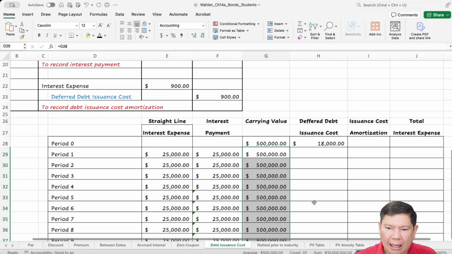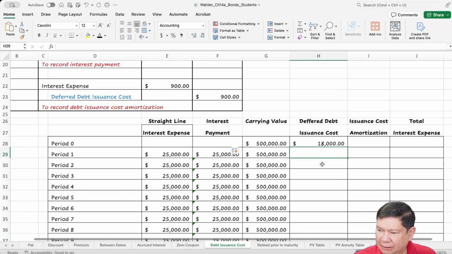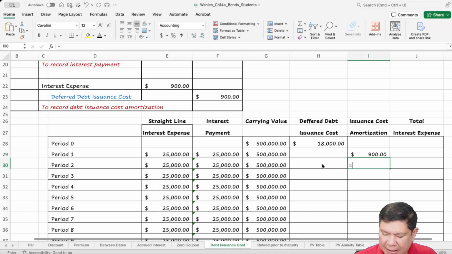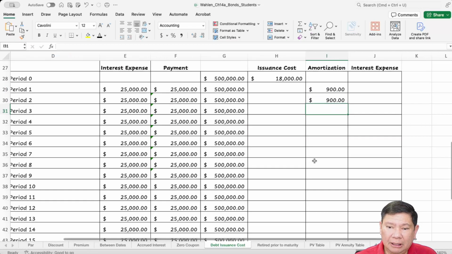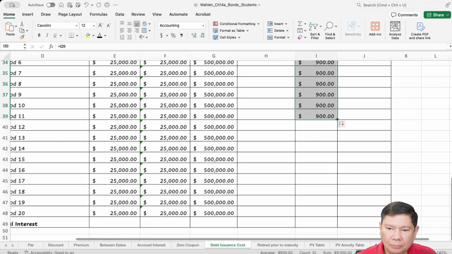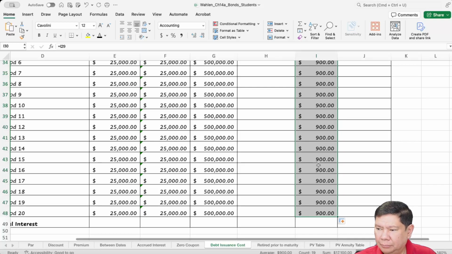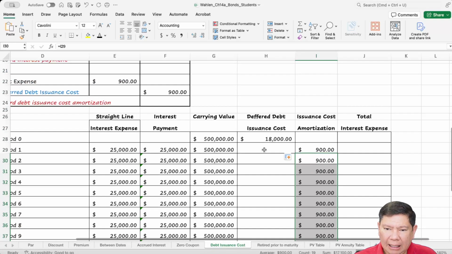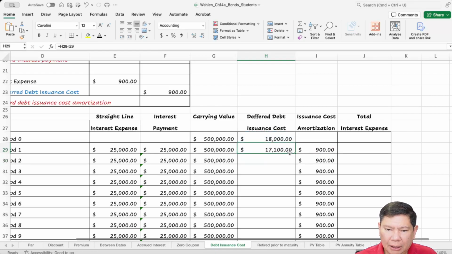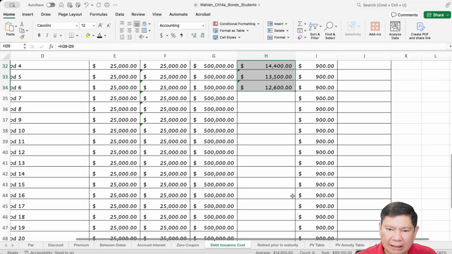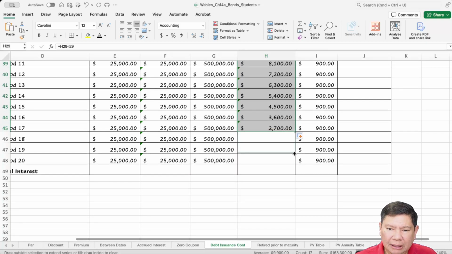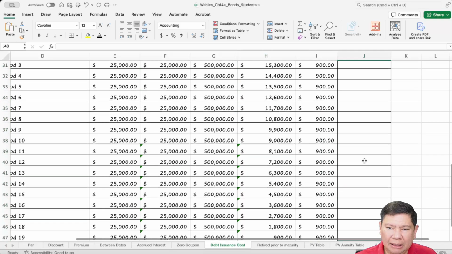The amortization is $900 every 6 months. And using straight line, it doesn't change. So it will go down to zero with every amortization. So you see it's going down to zero, $900 every time.